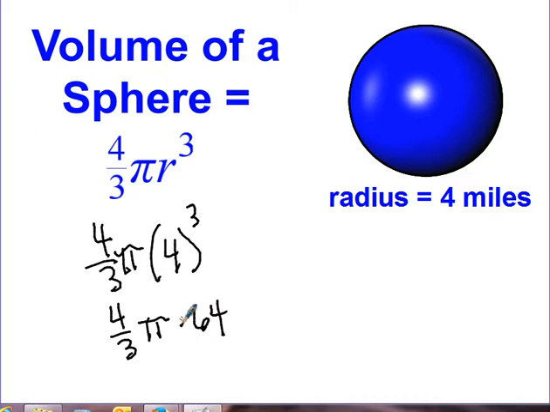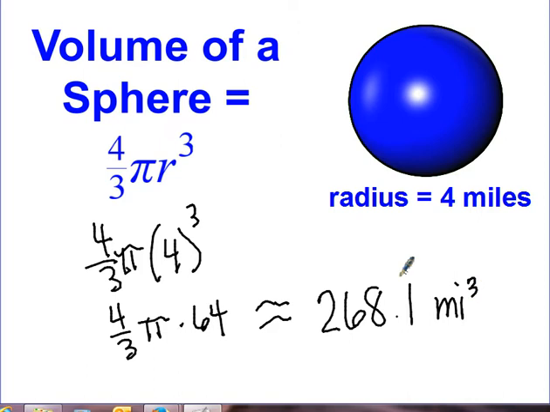Then I'm going to multiply it by 4 and divide by 3. Rounding to the nearest tenth, I'm going to put my approximate sign in because it's not exact. I'm going to get a total of 268.1. Since my units are miles, I'm going to be talking cubic miles. This would be my final volume.